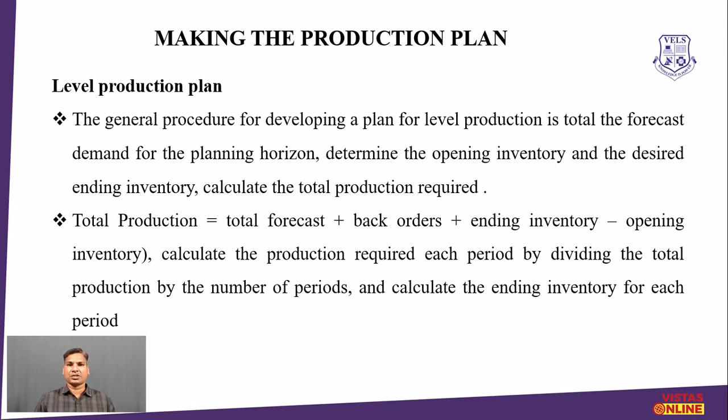If the total production cost is very high, then the production plan will differ. We try to minimize the production cost. That is the reason they talk about ending inventory as one of the important components when we are calculating total production.